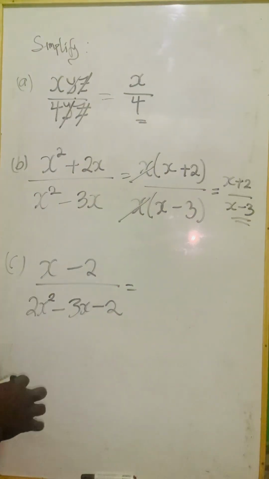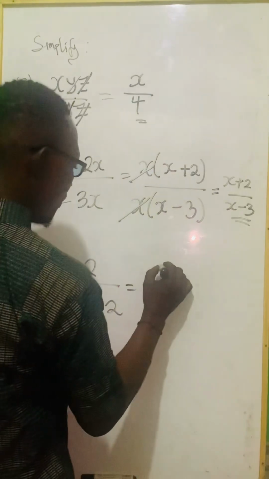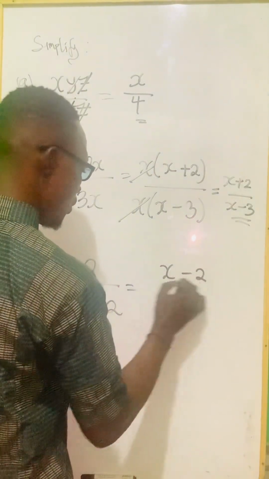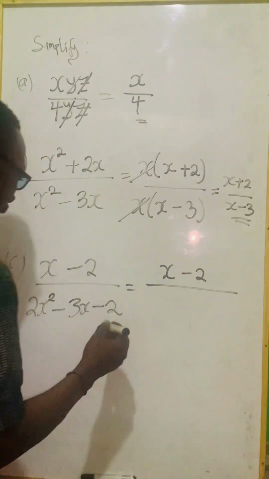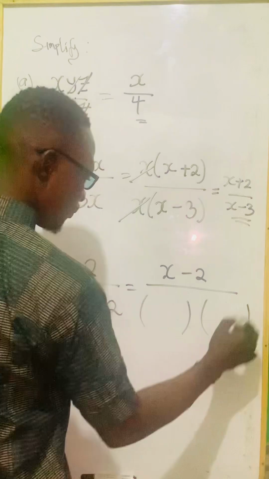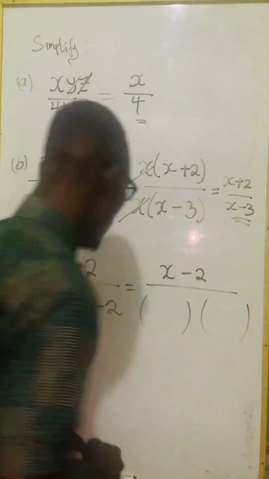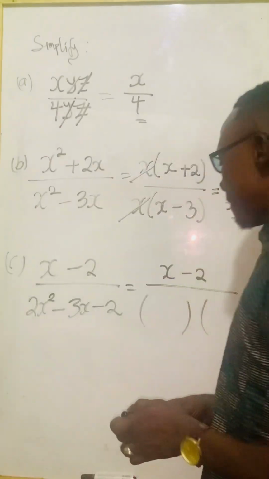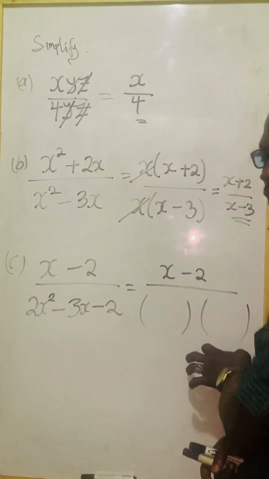Okay, let's look at the third one, C. We have x minus 2 all over, and let's put our brackets there. What it means is that we're supposed to find two factors here, factor 1 and factor 2.